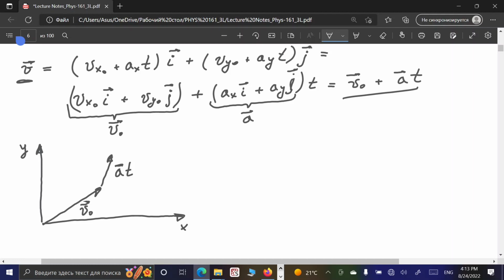And obviously, as a sum of these two vectors, we will get some resultant vector, which is our velocity vector v. And of course, that is just a graphical representation, but when we do any calculations, we obviously will operate with these unit vectors because it is convenient. It doesn't matter what we do, add or multiply vectors later or whatever.